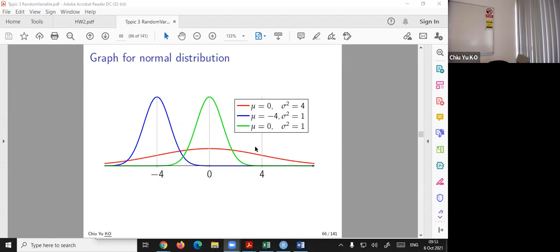The next one is mu. The next two graphs are the blue one and the green one. They have the same spread parameter but different mu, and you can see they're identical except that they're moved a little.